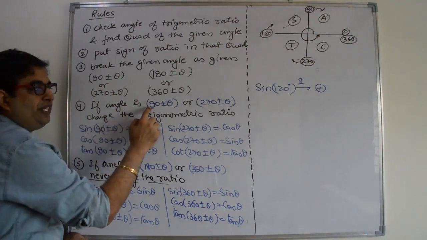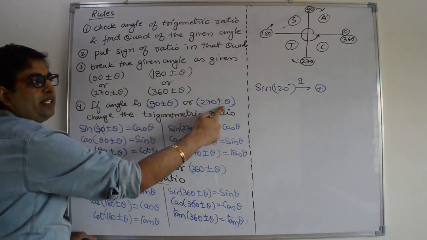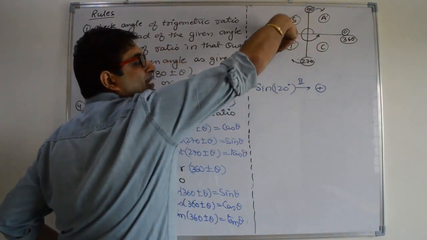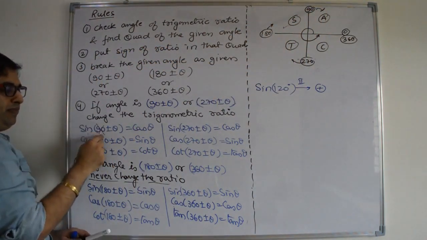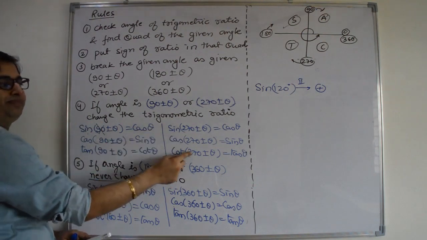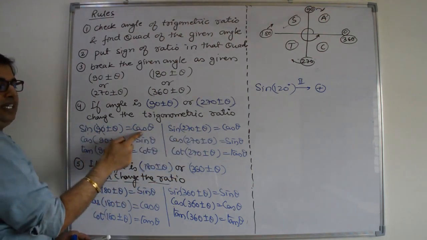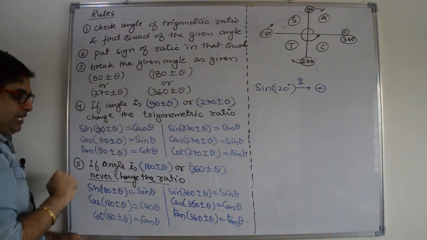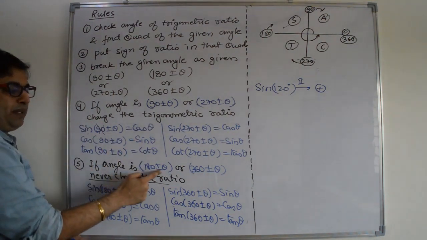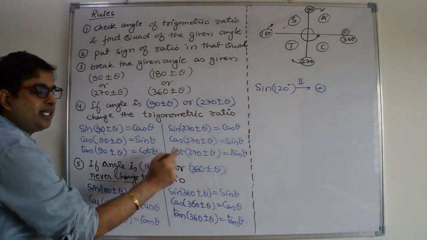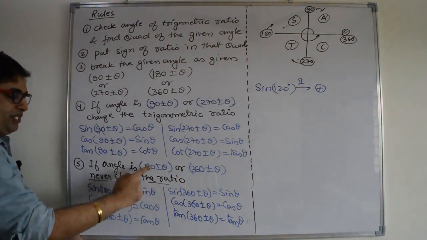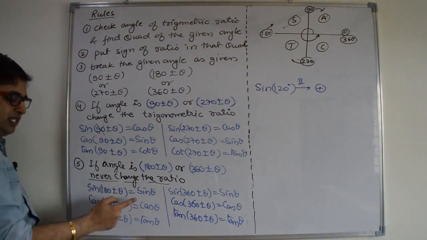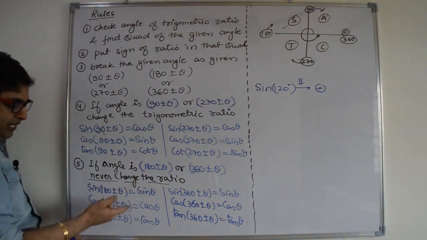So whenever we have 90 plus or minus or 270 plus or minus, removing 90 and 270, we have to convert the trigonometric quantity. Last, if the angle is 180 plus or minus theta or 360 plus or minus theta, then never change the quantity. Sine will remain sine, we remove 180, cos will remain cos, tan will remain tan, cot will remain cot.